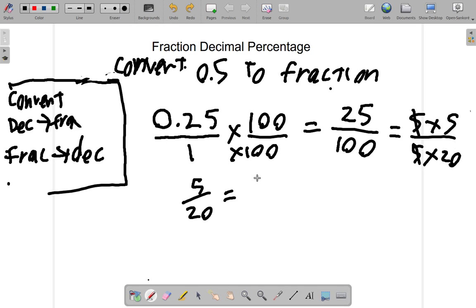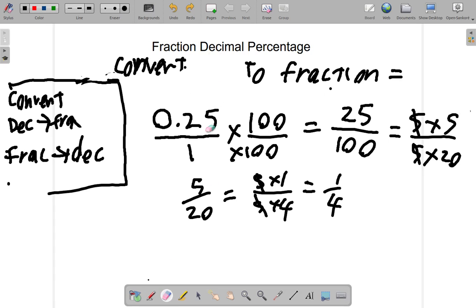But guess what? 5 is 5 by 1 and 20 is 5 by 4. 5 cancels 5 again and I have a quarter. Alright? So 0.25 as a decimal is the same as a quarter as a fraction. So let me make a note of that. I converted 0.25 to a fraction and I get a quarter.